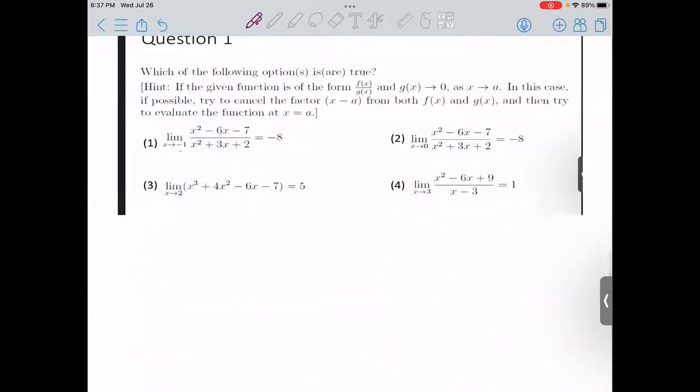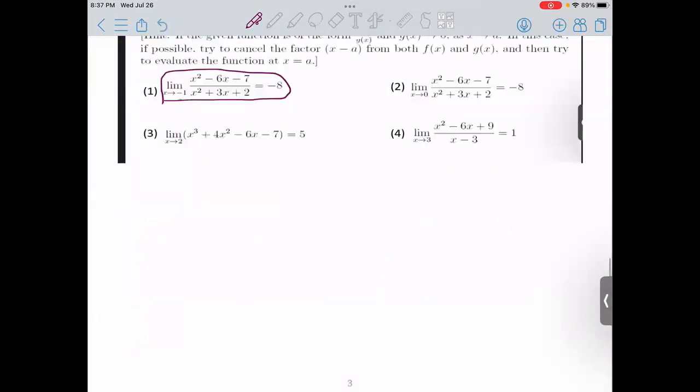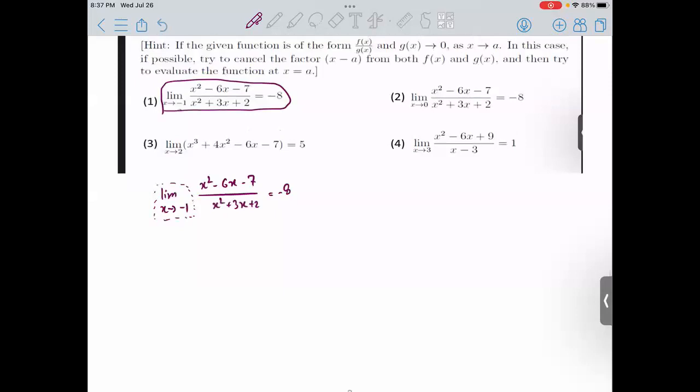Okay, sir. Let's go to the first one. The limit as x tends to -1 of (x square minus 6x minus 7) by (x square plus 3x plus 2) is equal to -8. Now we got this limit. First we will substitute -1 here.